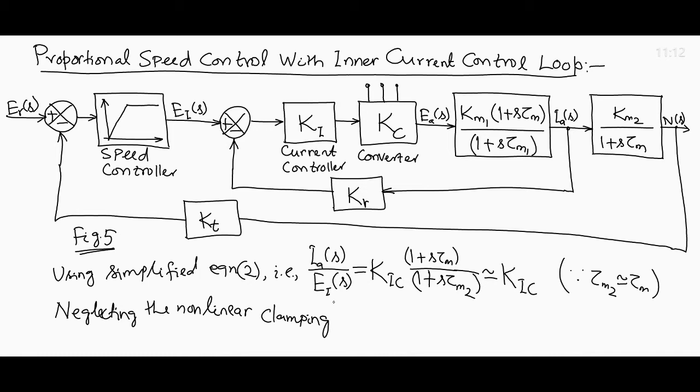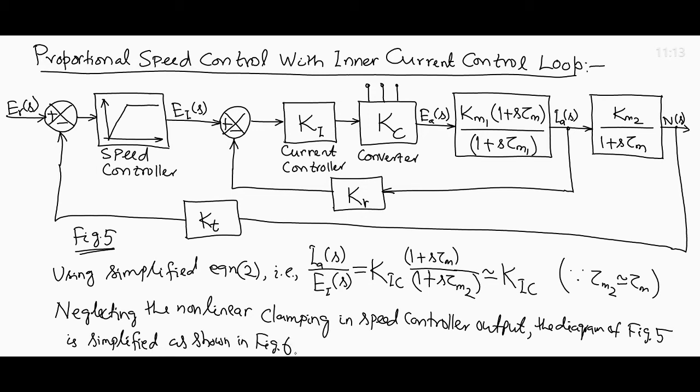Neglecting the nonlinear clamping in the speed controller output, we simplify the diagram of figure 5. So the simplified diagram is like this. We have a comparator, reference speed is ERS, the actual speed is compared with the reference speed, and the speed error goes through Ks.